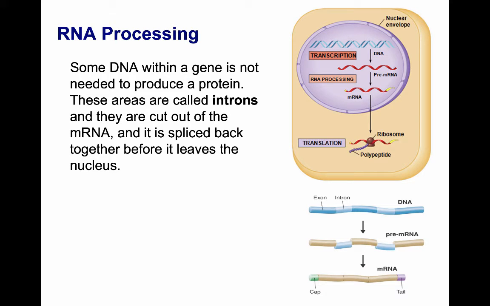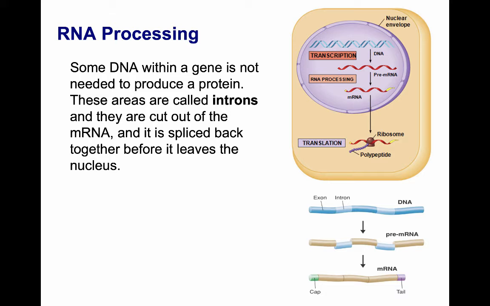A rather inconvenient fact about RNA transcription is that we have discovered that the genes in our DNA have a lot of junk in them. Parts of each gene that is transcribed into a messenger RNA to eventually help build a protein are segments of DNA that don't code for the protein.